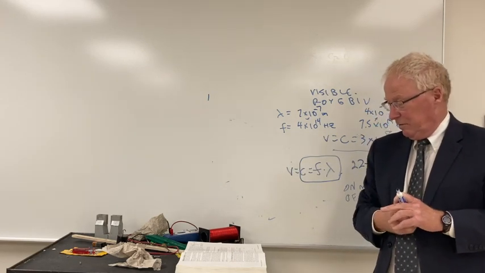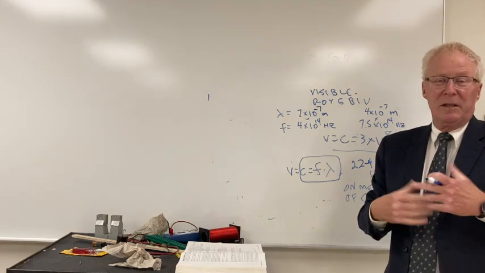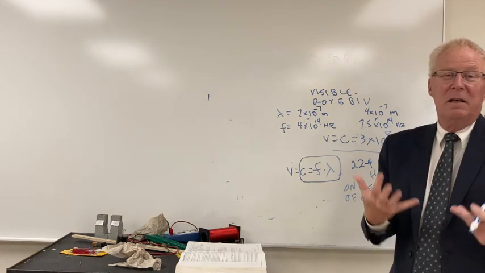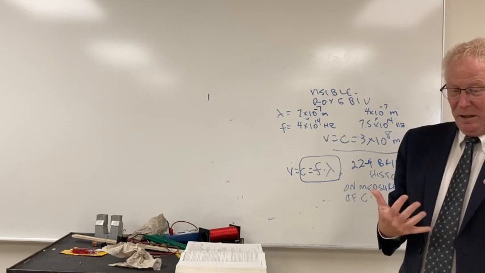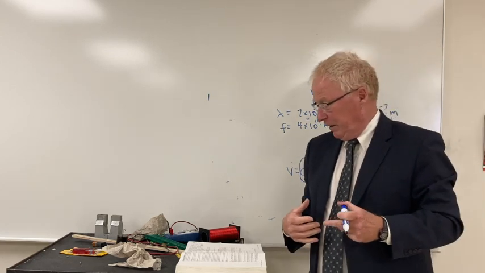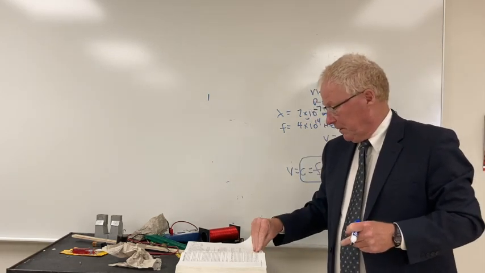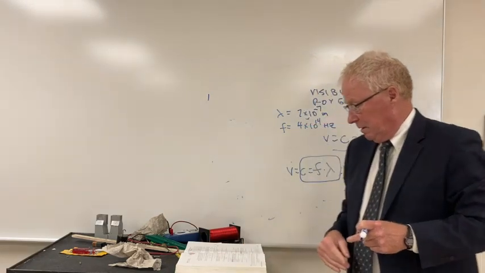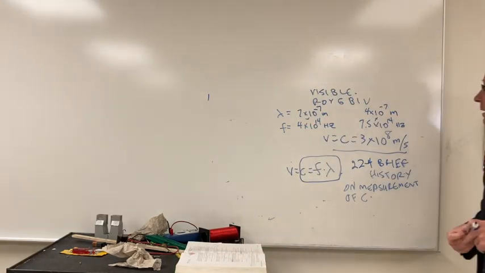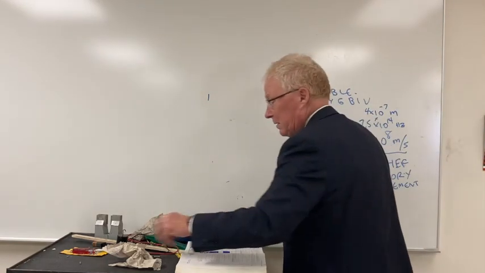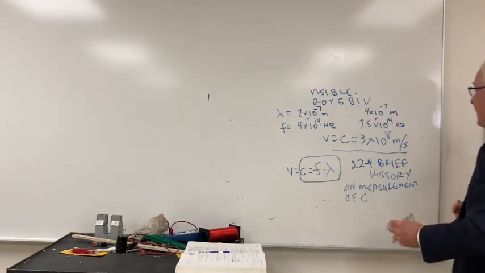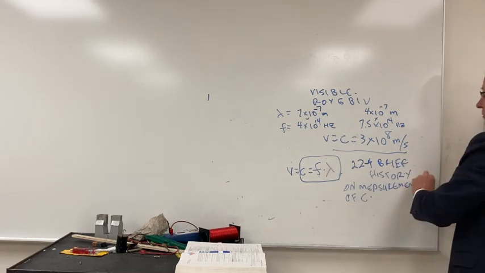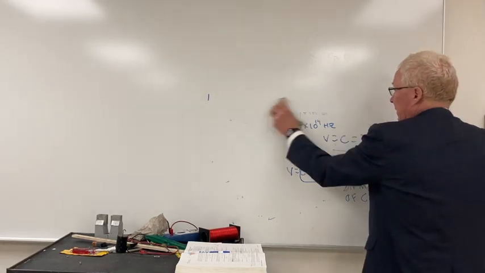This inconsistency with the measurements as he expected led him to realize that the speed of light was not infinite. So that's that part. Again, there's not a whole lot in this chapter, but that's okay. So I want to move on. This is the expression, and those are the values there.